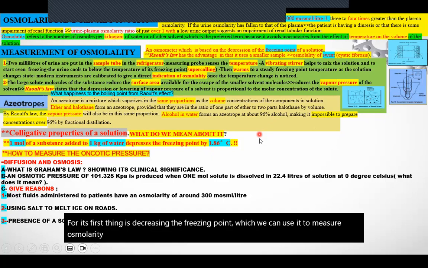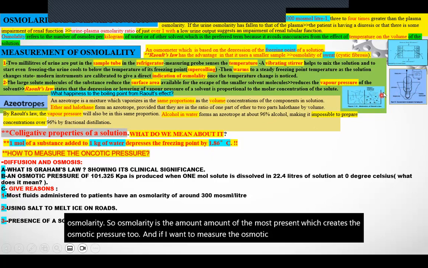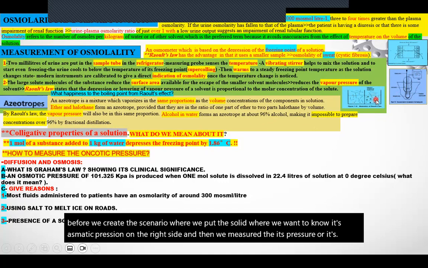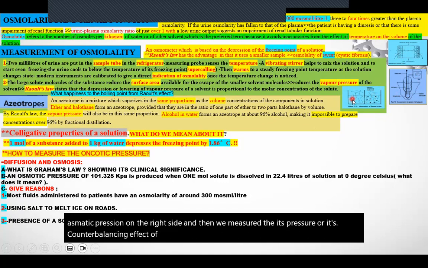So osmolarity is the amount of osmoles present, which creates the osmotic pressure. In case I want to measure the osmotic pressure, as we said before, we create the scenario where we put the solution whose osmotic pressure we want to know on the right side, and then we measure its pressure, or its counterbalancing effect of preventing the spread of solvent from the left side to the right.